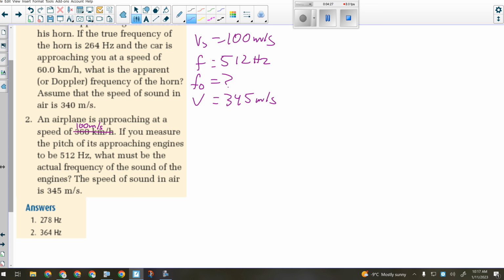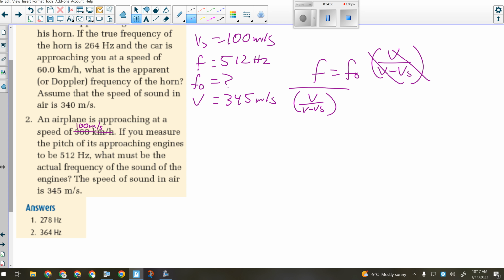We know the formula is F equals FO times V over V minus or plus? Minus, because it's approaching. I want to find FO, so I'm just going to divide the whole bracket over.